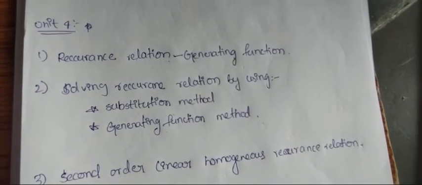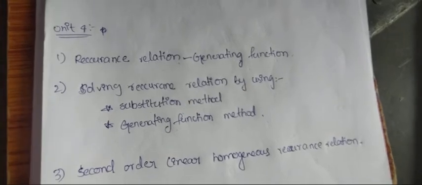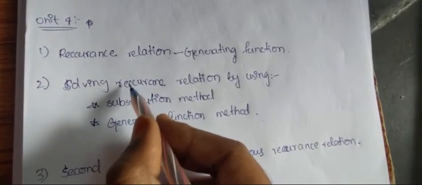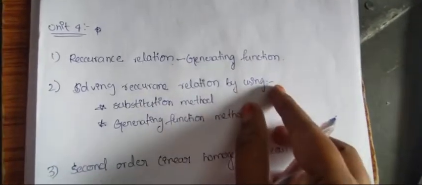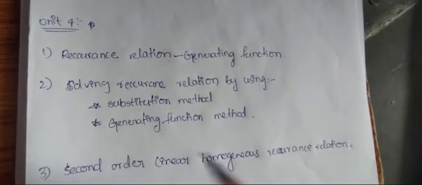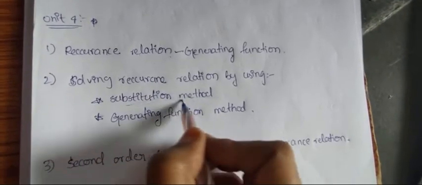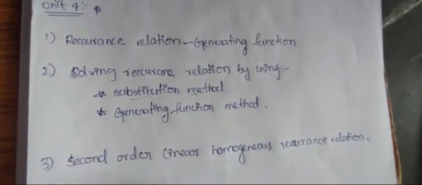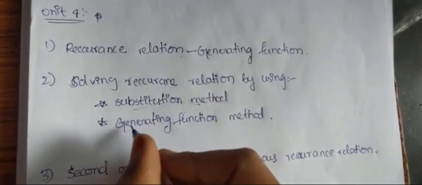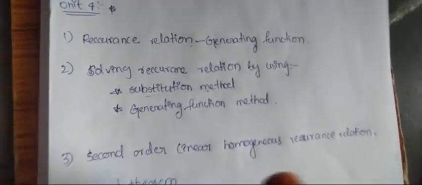In certain circumstances, they will give some recurrence relation and ask to solve it by using the substitution method. Or in some circumstances, they may ask to solve by using the generating function method.